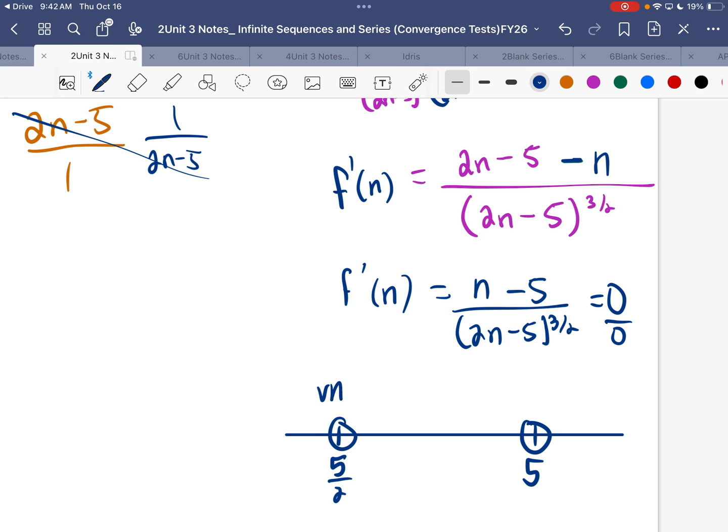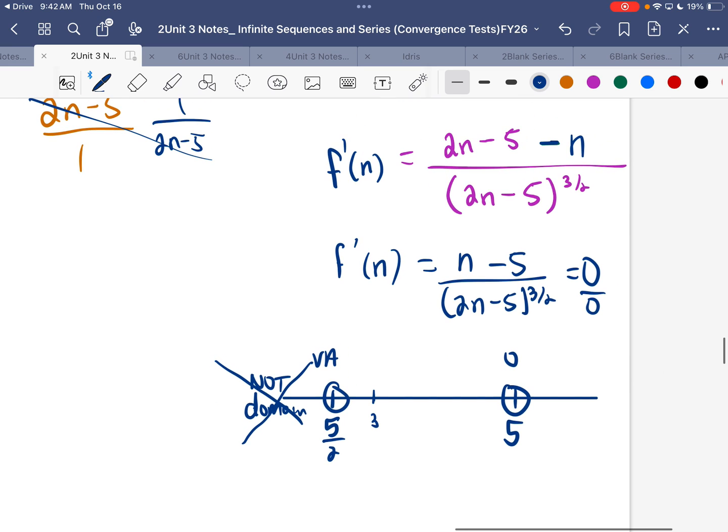So this would have been a vertical asymptote, and this would have been like an x-intercept or 0. 5 over 2, is that in our domain? No. But here's where we start, like 3. So we should check in this interval between 5 over 2 and 5. This part is not in our domain, so I don't care at all.